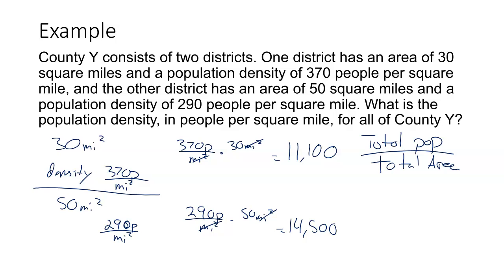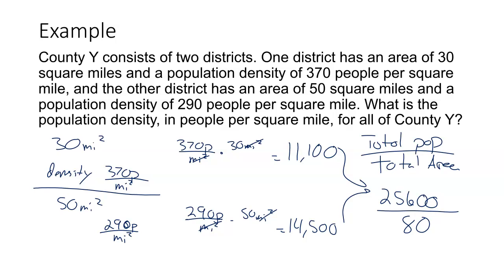So then what's my total population? If I've got 11,100 and 14,500, what's my total population? 25,600. That's my total population. And then what's my total area? I've got 30 square miles in one district and 50 square miles in the other. 80 total.